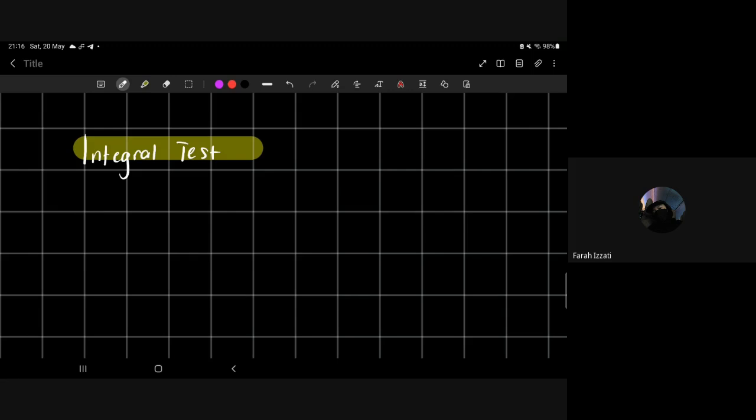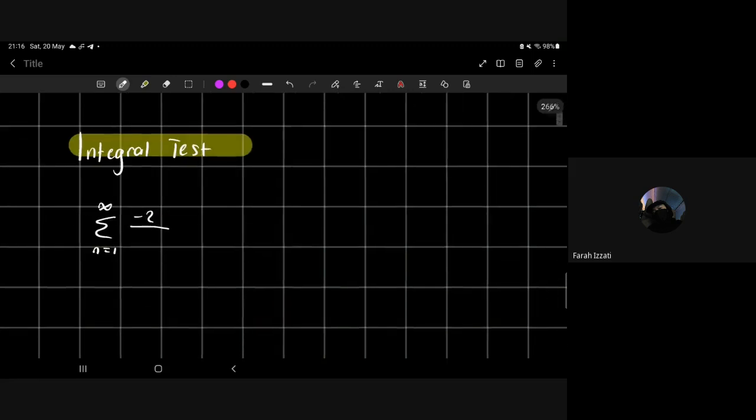We have 1 over x to the power of something, so it's already a P series form. So my question is, when do you know when to stop and say okay, this looks like a P series, or when to continue on with the integral test?